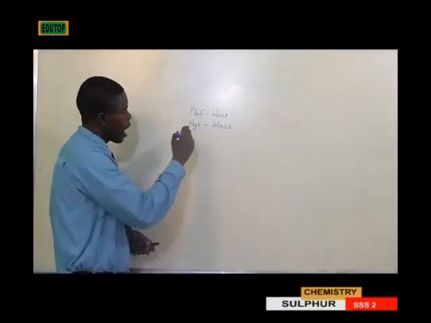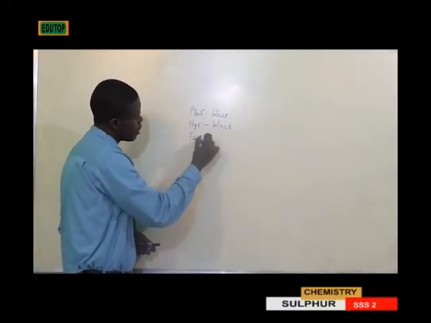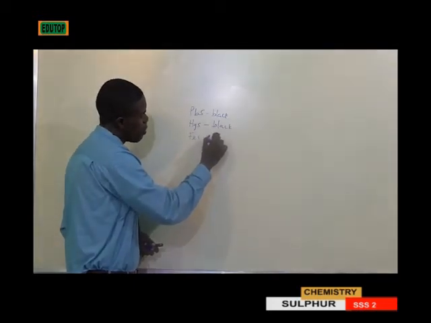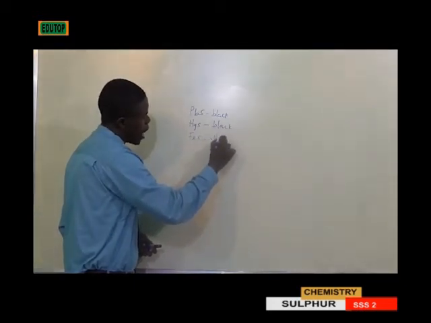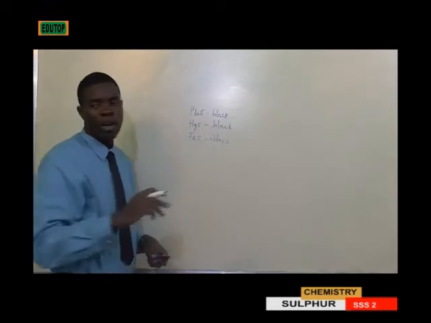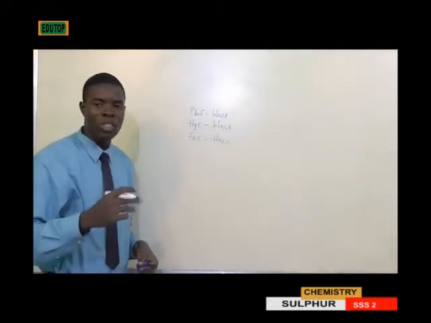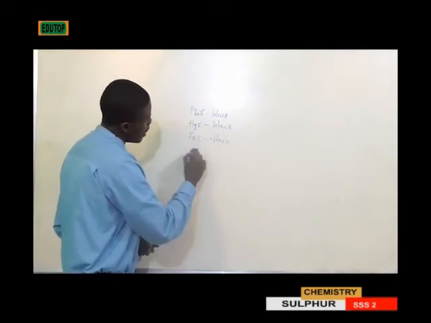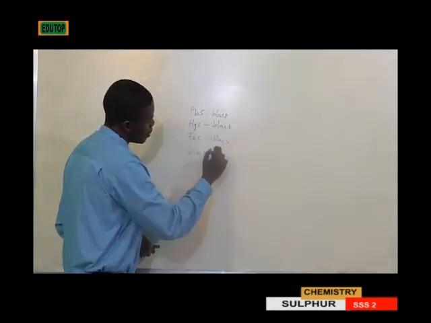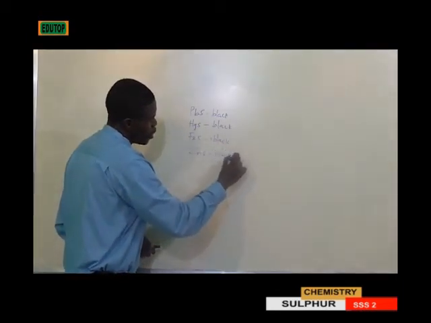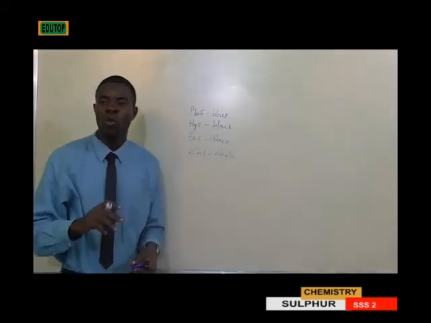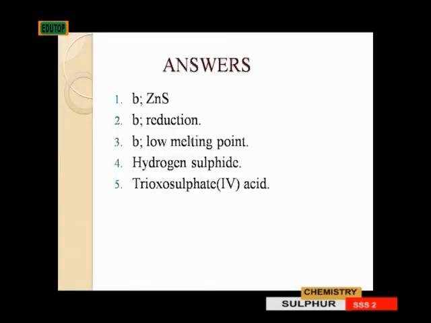Then iron sulfide is also black. The only sulfide that has a white or whitish color is zinc sulfide, which is white. So the answer to question number 1 is B, zinc sulfide.